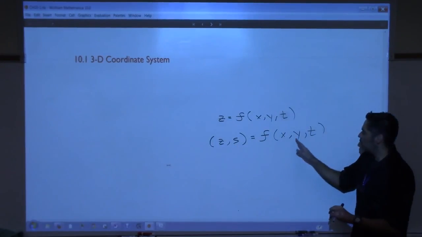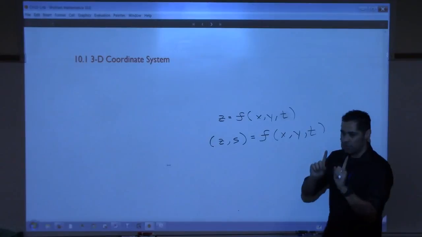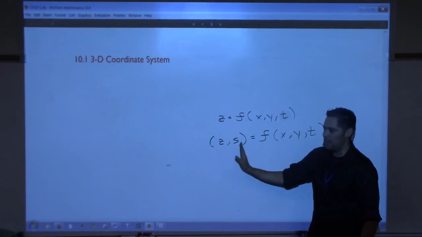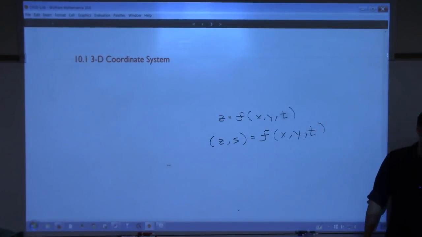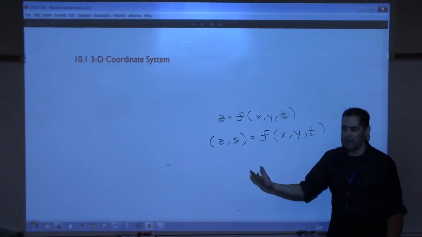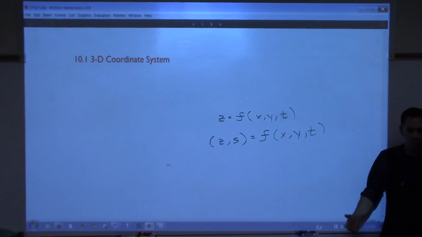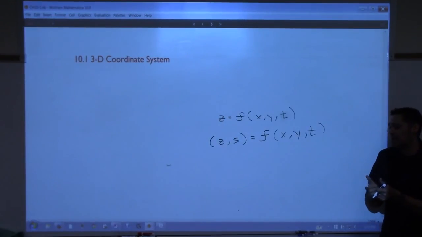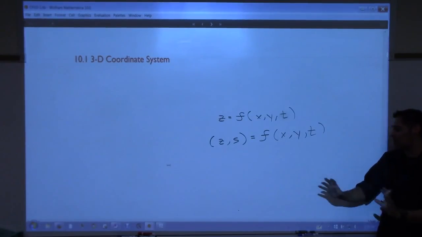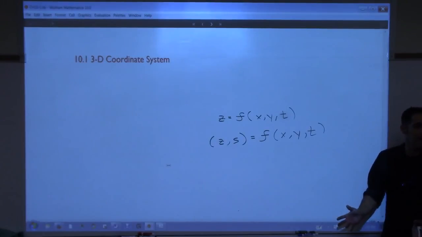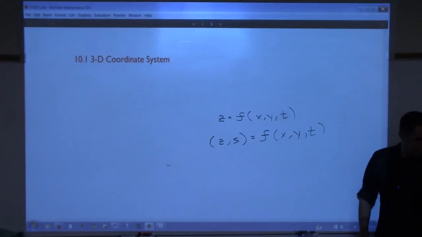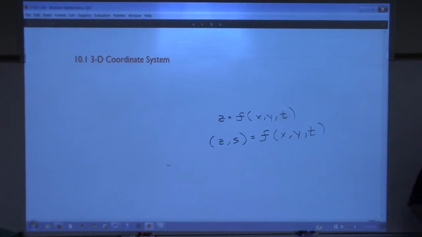So you plug in x, y, t, and somehow this function gives you 2 things back, a z and an s. So now you need how many dimensions to see it? 3 in, 2 out, 5. Again, what do, right? So even though 3D is going to be nice, multivariable calculus really means there's no restriction on how many variables you can have. Now, we won't mess around with 5-dimensional space, or rather, we won't try and visualize it.